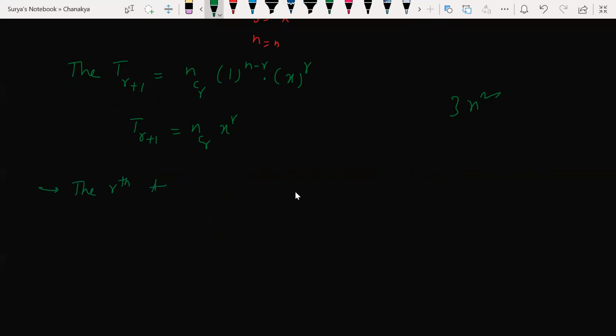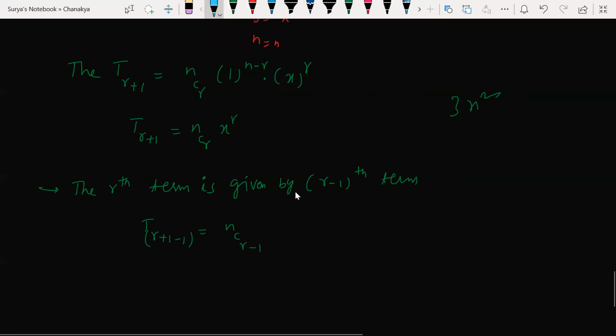Next, the rth term is given by the (r minus 1)th term. This is the rth term, isn't it? How do you get the rth term? Look at this. T(r+1) minus 1. If both cancel, then only I'll get the rth term. So T(r+1) minus 1 is equal to nC(r minus 1). What is the r value here? Tell me. r minus 1.